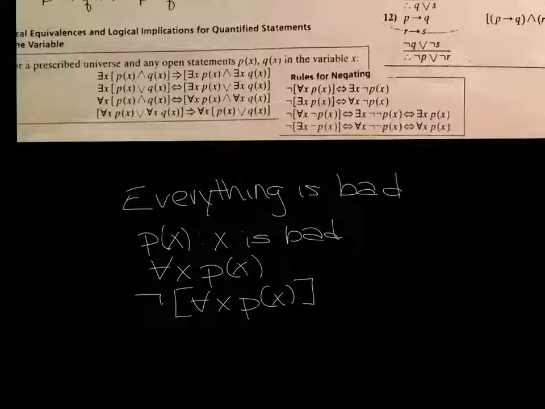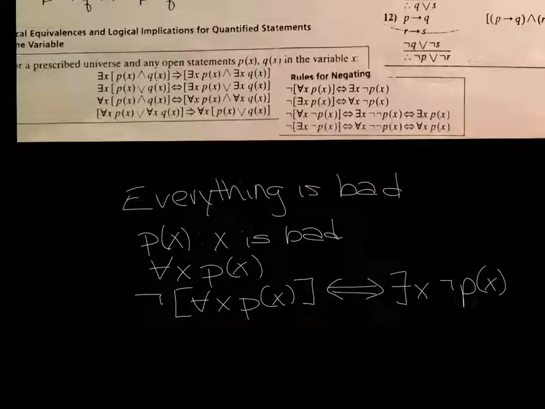However, according to our rules of negation, the negation of for all x, p of x is the statement there exists x such that not p of x. So in other words, the negation of this is going to look like there exists not p of x.